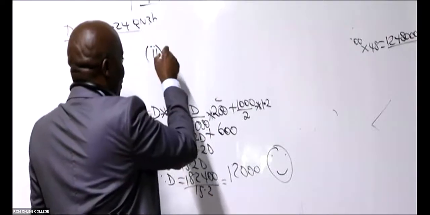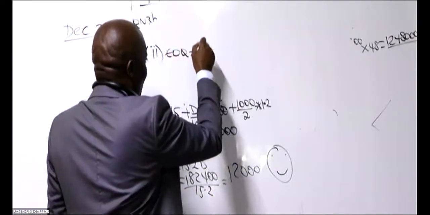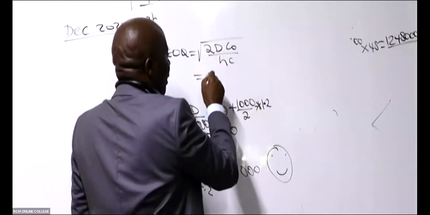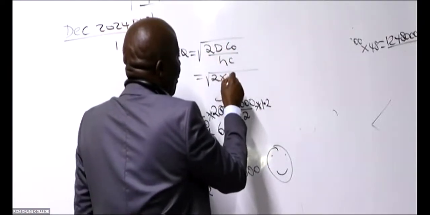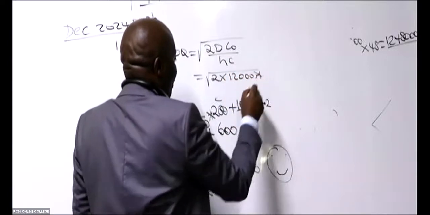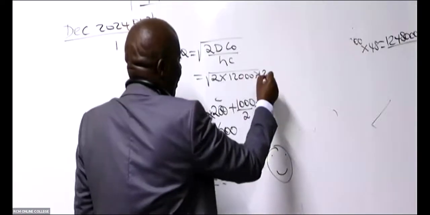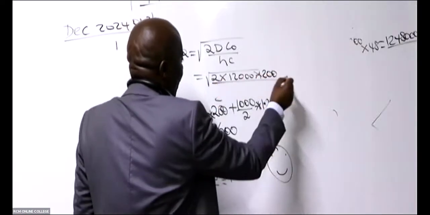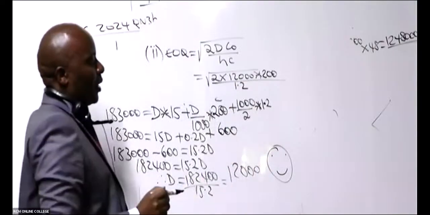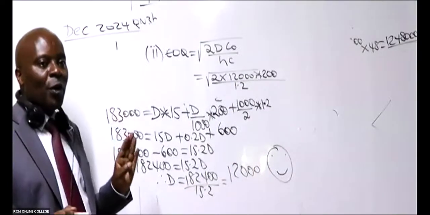So EOQ will be the square root of 2DCo over Hc. Annual demand, you gave me a figure of 12,000, isn't it? Cost per order 200, and the holding cost, you guys gave me 1.2, isn't it? First we forget the square root.